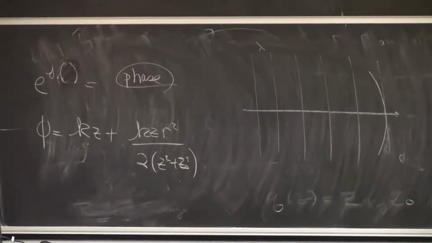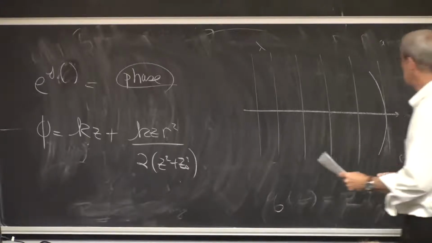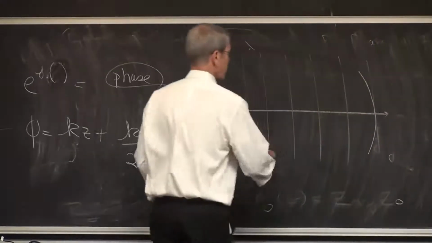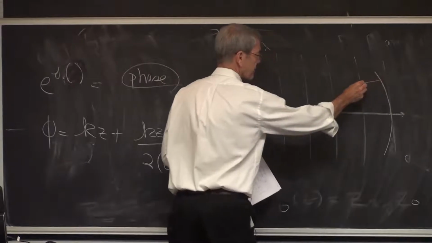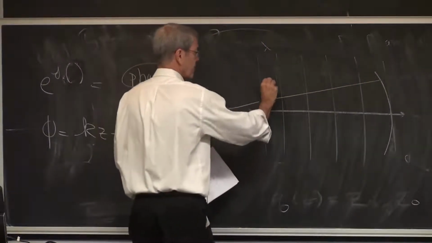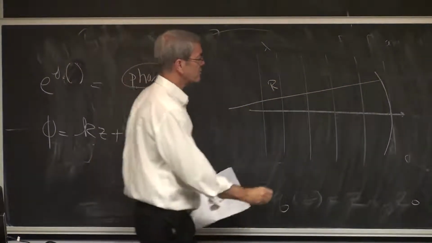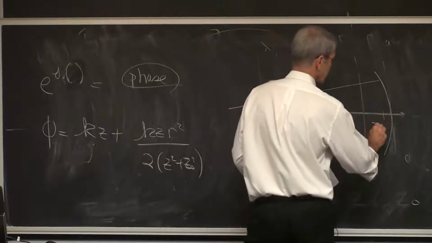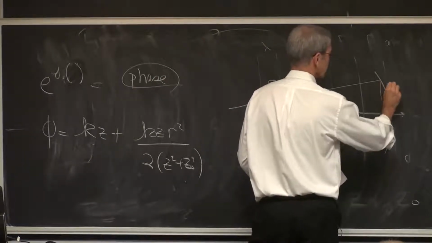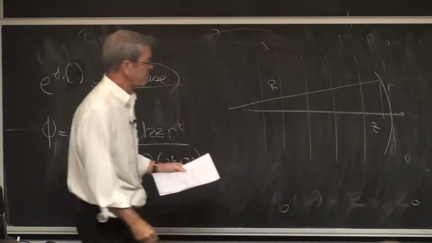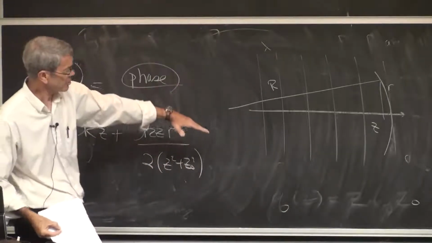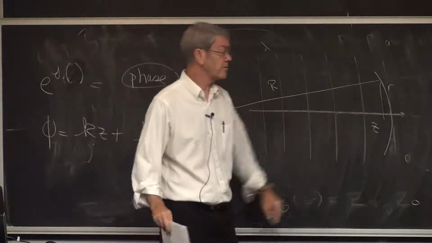Basically, the analogy you make is, here's a radius of curvature. The beam has a radius of curvature. This is a distance z, that's a distance r. Your radius of curvature is going to be z squared plus r squared.